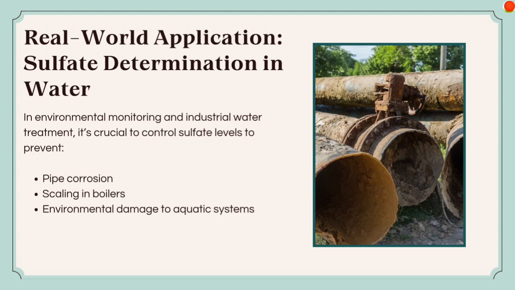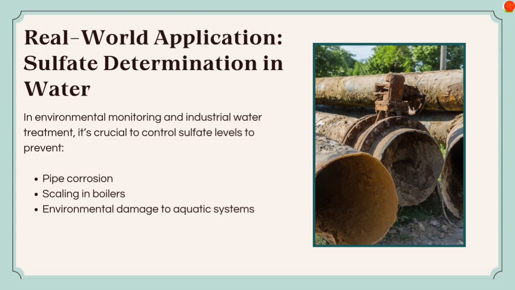Firstly, excess sulfate can lead to pipe corrosion, which weakens infrastructure and causes costly damage. Secondly, scaling in boilers is another major issue. When sulfate combines with other materials, it can form hard deposits that reduce boiler efficiency and increase maintenance costs.